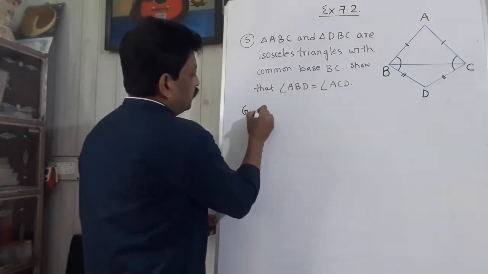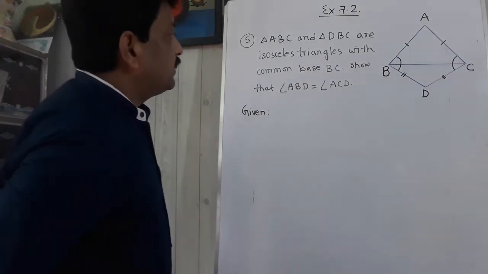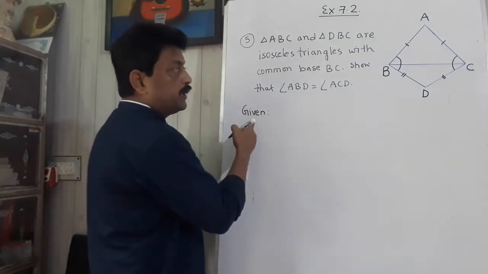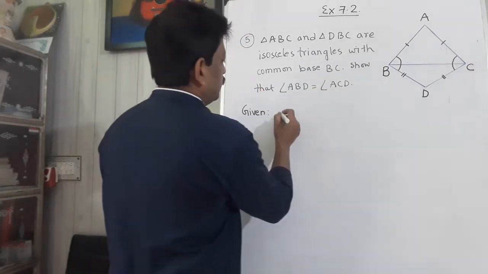So again we have to follow the structure to prove congruent triangles or solve problems related to congruence. So first of all, given, what is the information given in the question, we have to note it down.